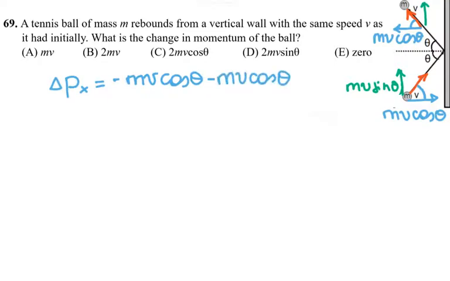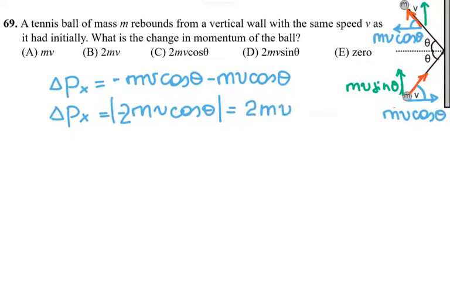So the change of the momentum horizontally is negative 2 mv cosine theta, but because they don't include angles anywhere, I'm just going to take the magnitude of it. So that gives me 2 mv cosine theta.